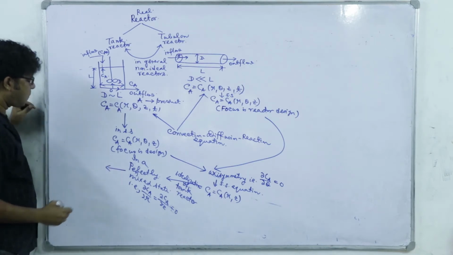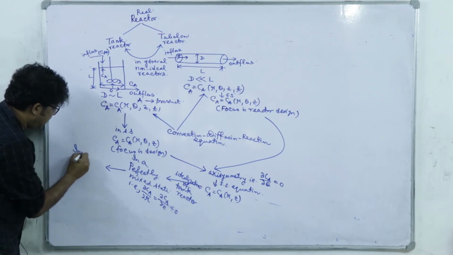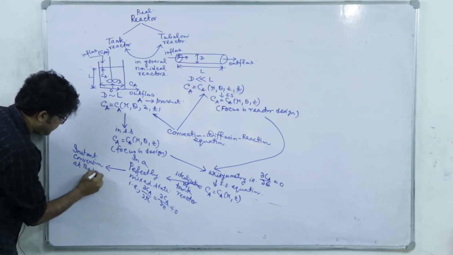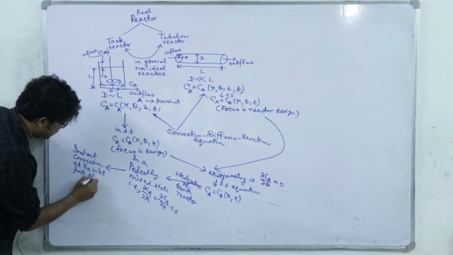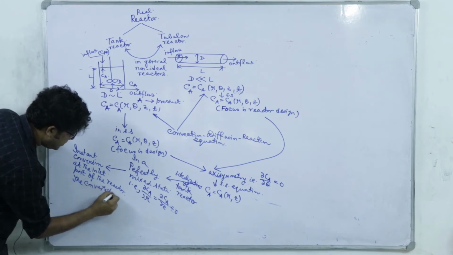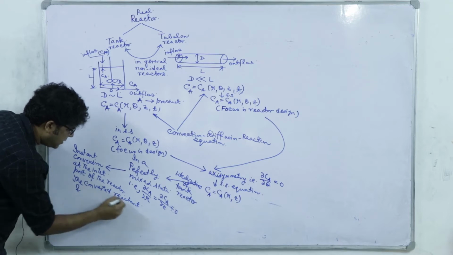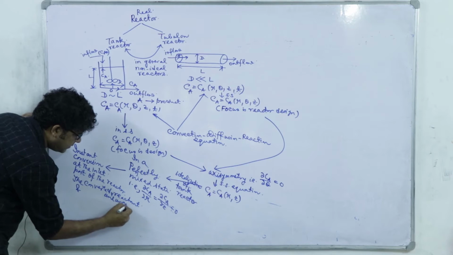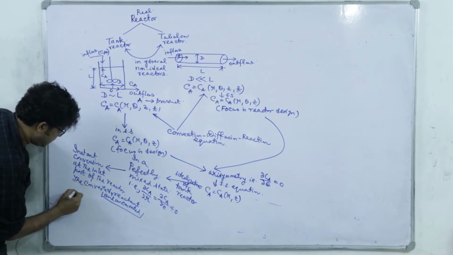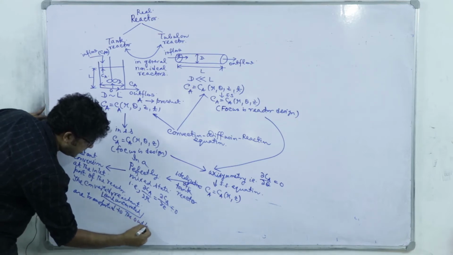So, we introduce an idealized model of a tank reactor, that instant conversion occurs at the inlet port of the reactor, and the converted and unconverted reactant are transported to the outlet, right.